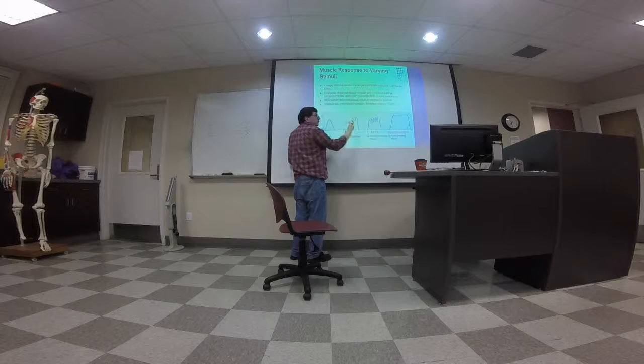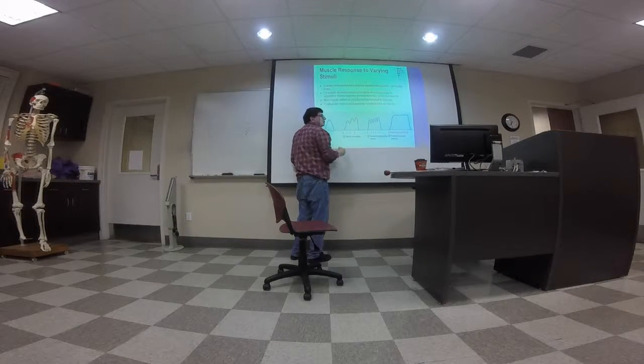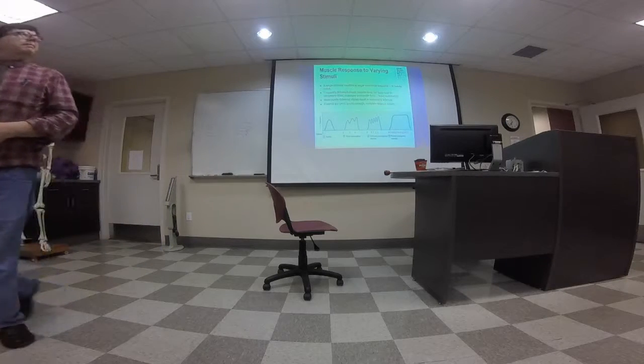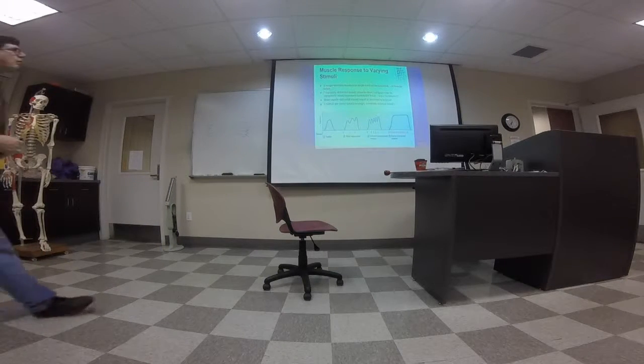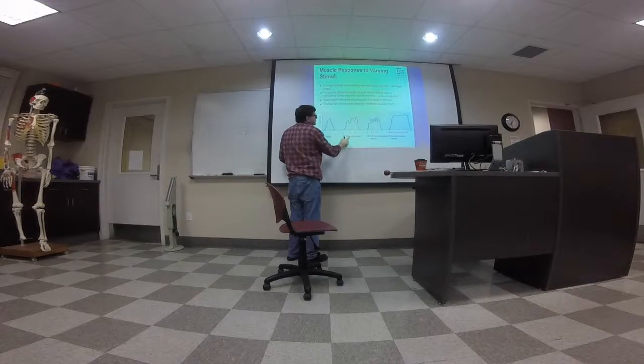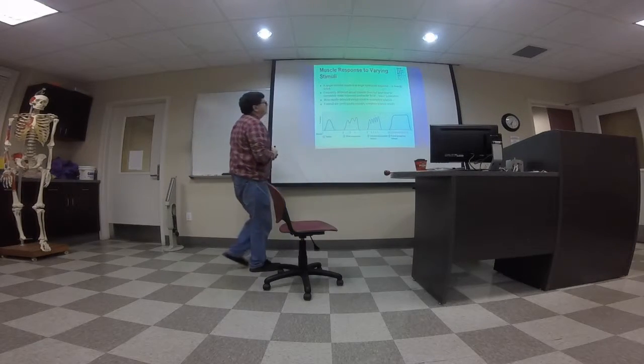And before it completely relaxes, yet another action potential comes along, and with that one, still greater force. Okay? So, frequently delivered stimuli increase contractile force. This is called wave summation.